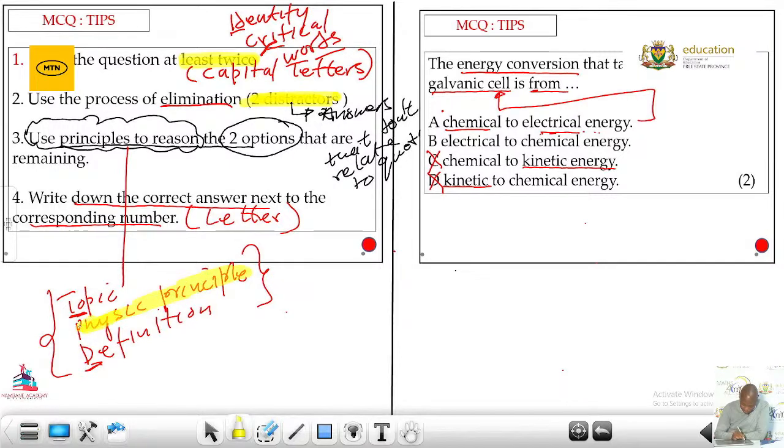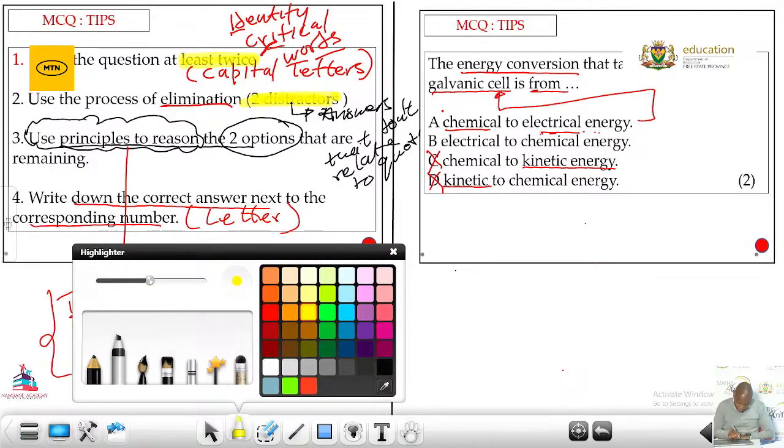This brings me to a point where we say that immediately after eliminating the distractors, it is key to apply a certain form of a physics principle. The physics principle allows us to eliminate the other option, which gives us the correct answer.